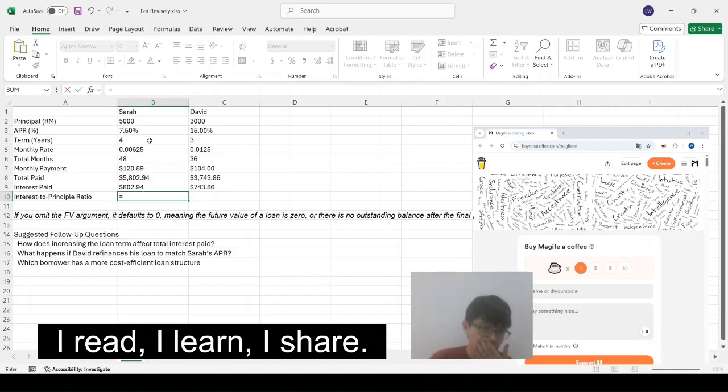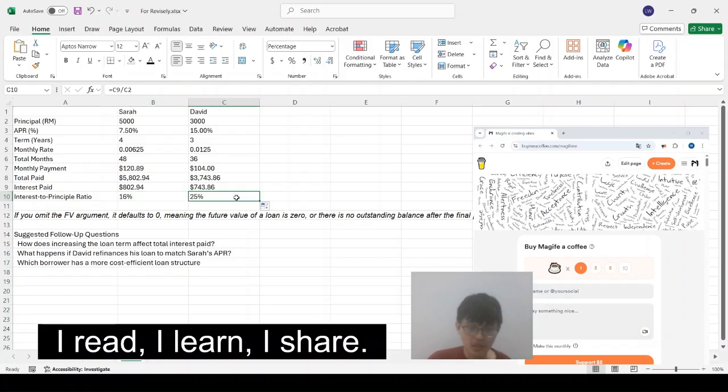So this one is basically the interest divided by the principal. So just make it general, percent. The ratio for Sarah is 16%, but for David is 25%.